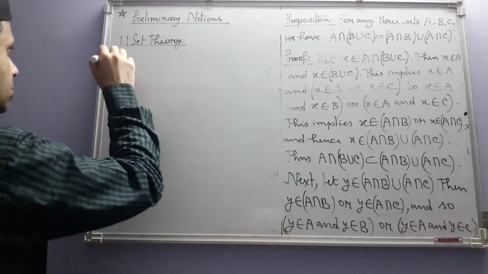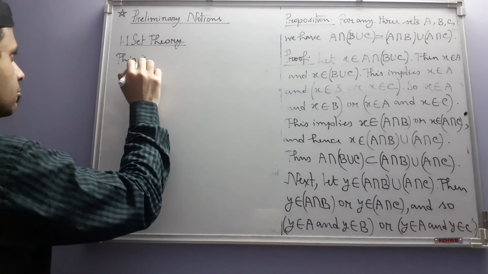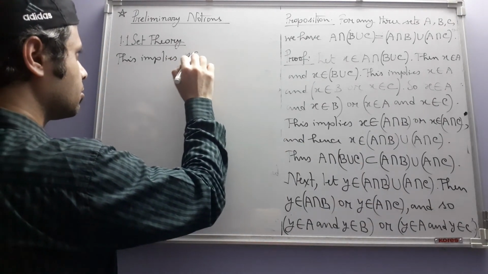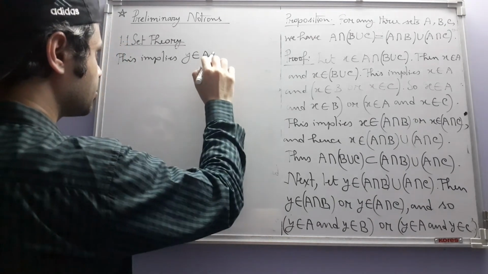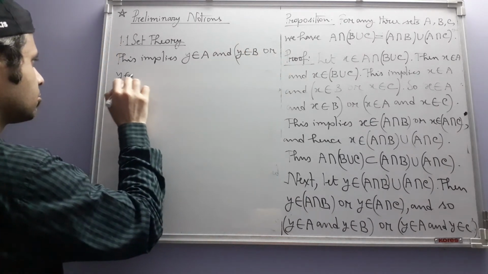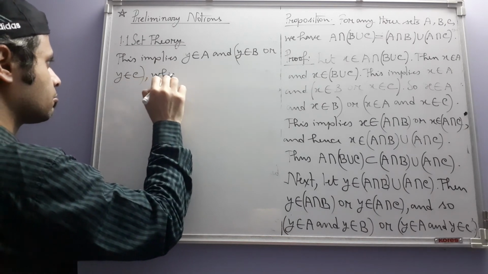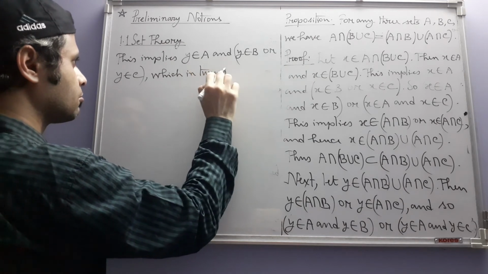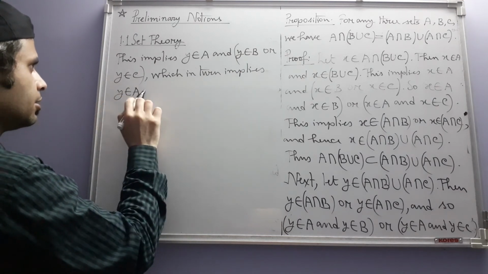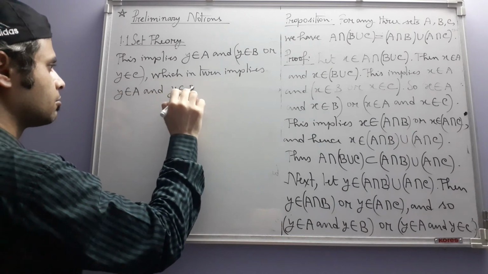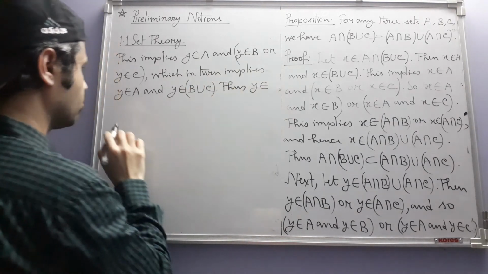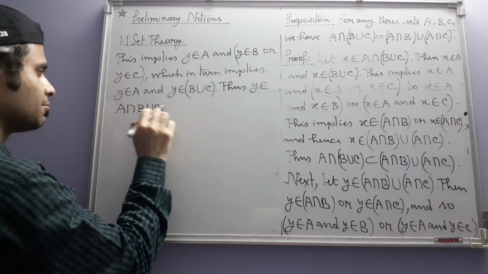And y belongs to B or y belongs to C. This implies we can write this whole thing like this: y belongs to A and y belongs to B, or y belongs to C. Which in turn implies y belongs to A and y belongs to B union C. Thus y belongs to A intersection B union C.